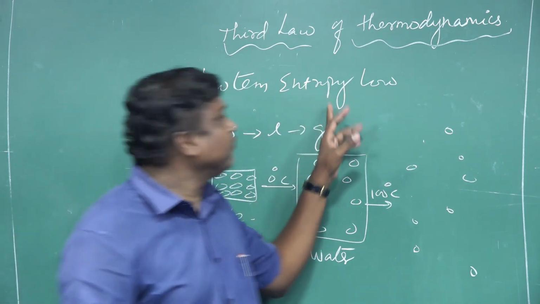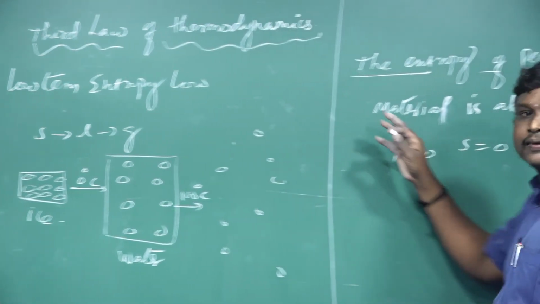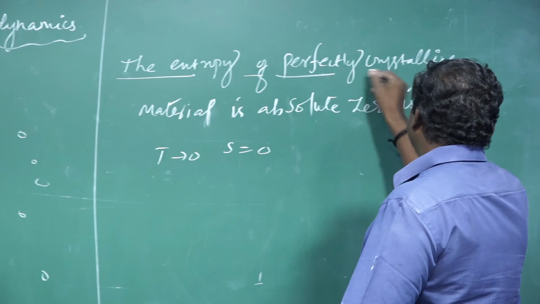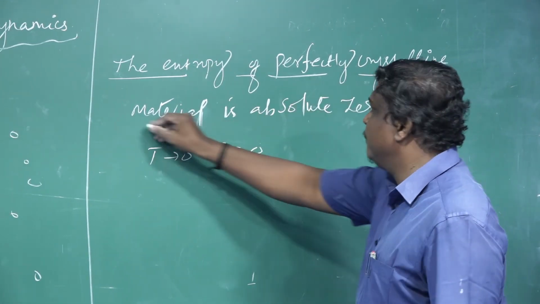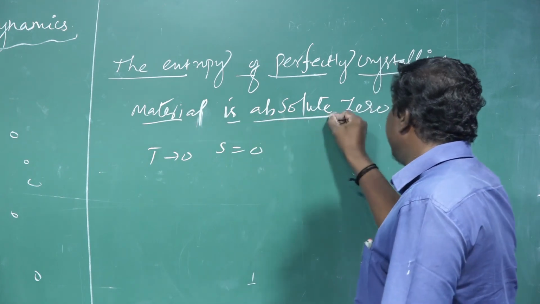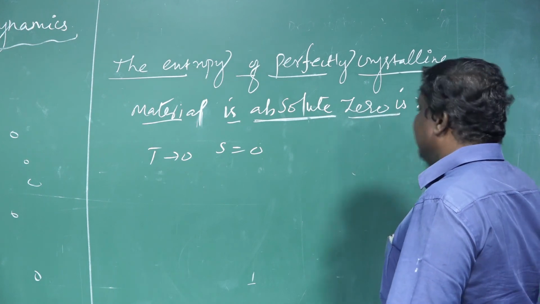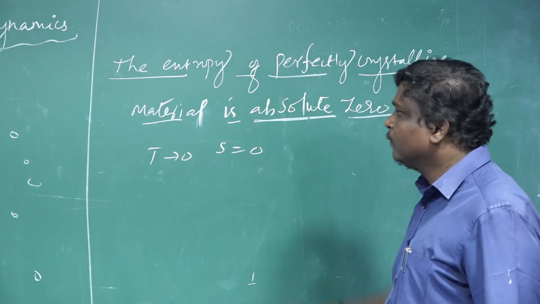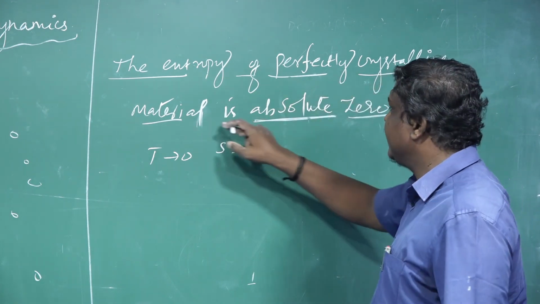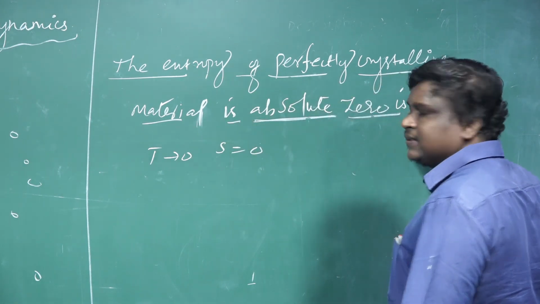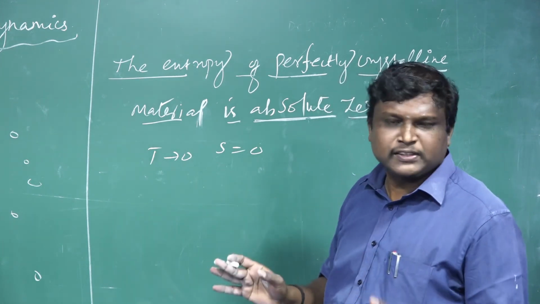What is the statement of the third law of thermodynamics? The entropy of a perfectly crystalline material is absolute zero. Suppose the temperature decreases; reaching that is impossible.